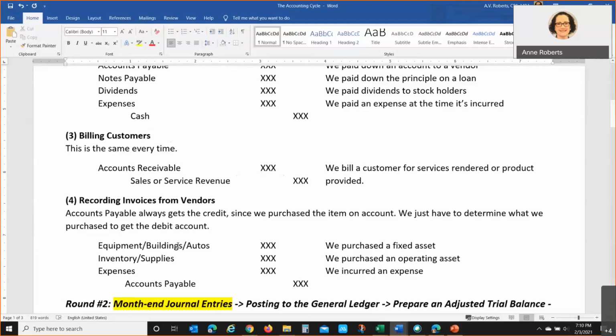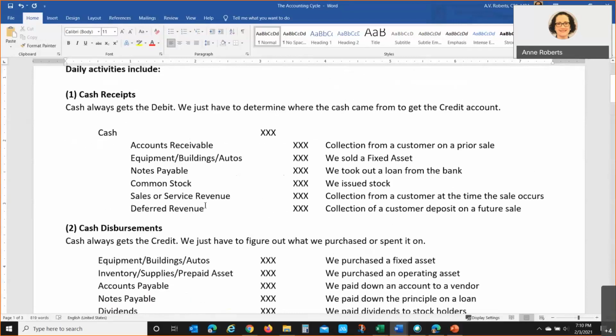You either sell them product or you sell them service. So there's only 2 kinds of revenues. The reason they put that third one in there is they're trying to see whether you actually know to leave that deferred revenue on the liability side of the balance sheet, or are you going to try to put it in the income statement?